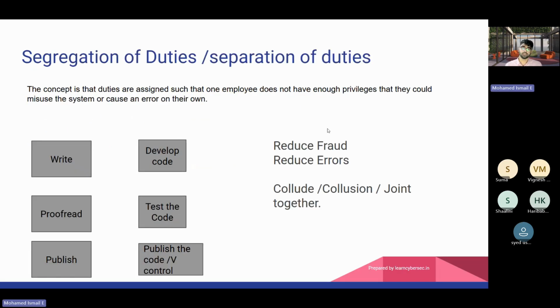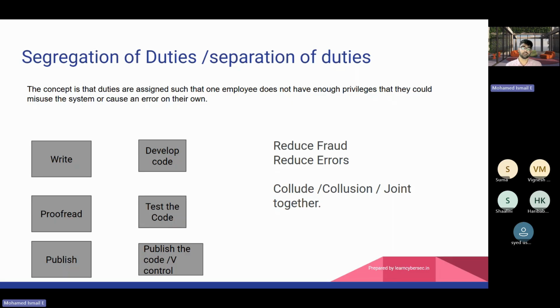So the next concept is, most of you have seen in many situations, segregation of duties and separation of duties, right? Take a news publishing agency: a journalist or field worker goes and collects the news, then a writer will write the news, right?